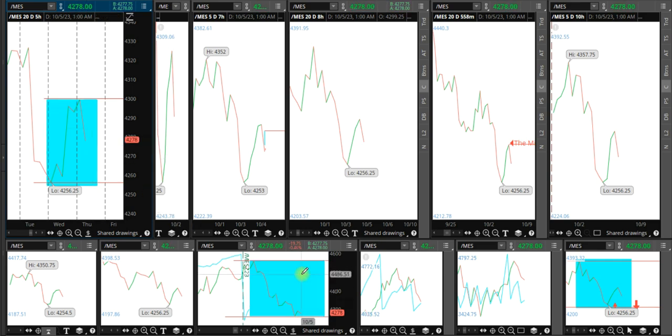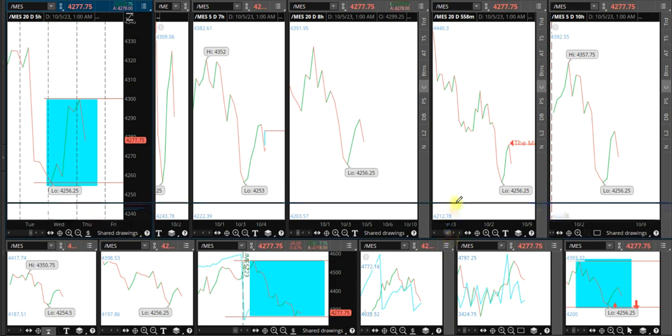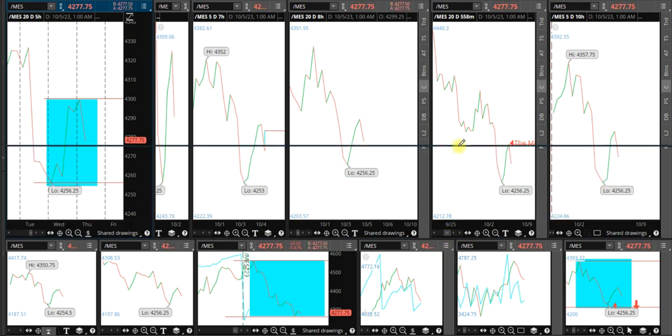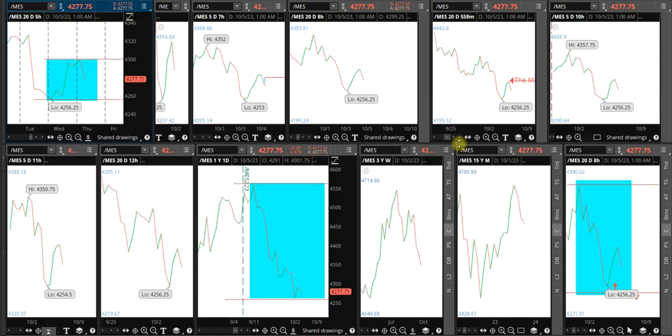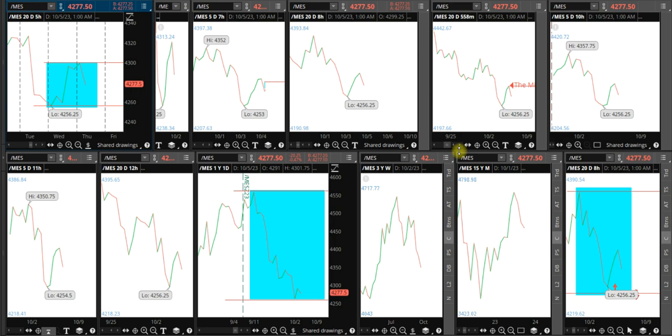Keep your eye on the daily time frame and the 8-hour time frame. That would be our fractal flow for today as of now.